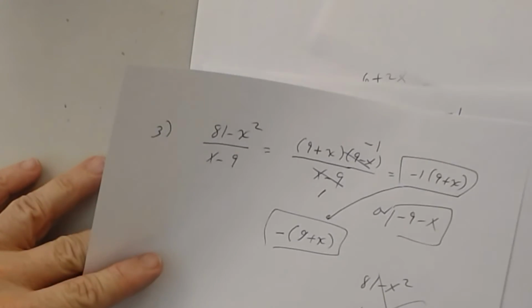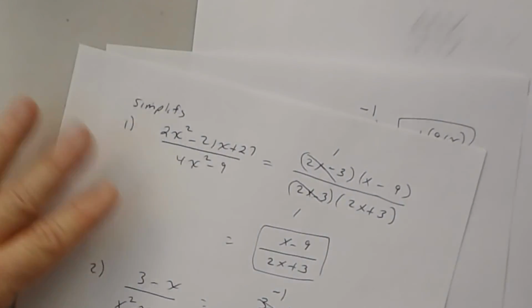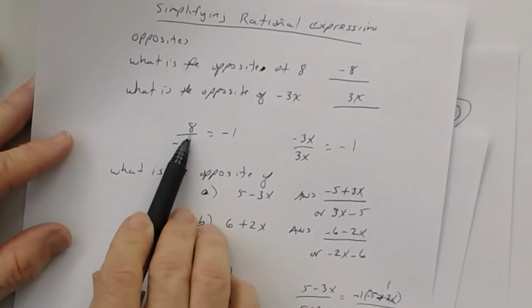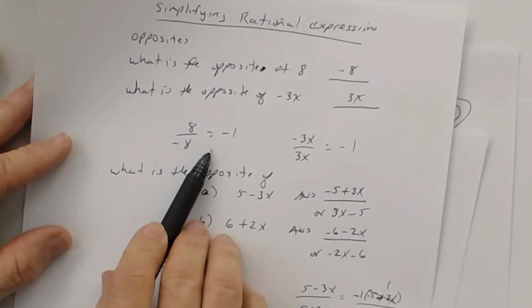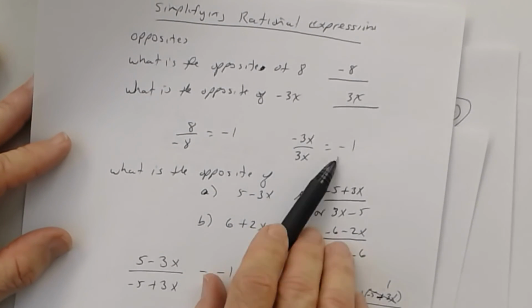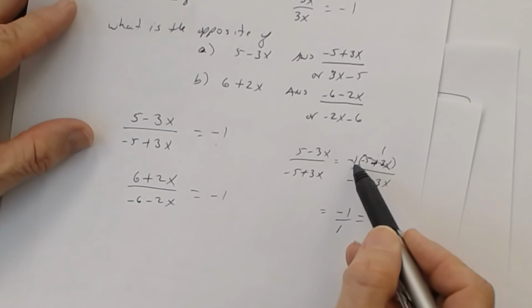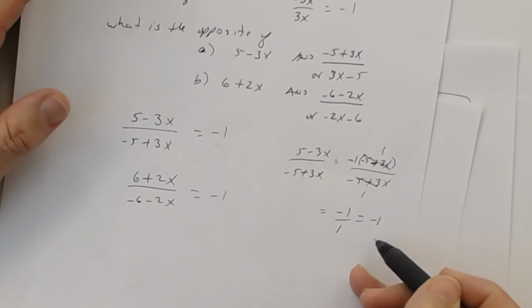In our discussion, I'm going to go back to the very beginning. 8 divided by negative 8, opposites, is what? Negative 1. Negative 3 divided by 3x is what? Negative 1. When we talked about taking out the negative 1, we took out a negative 1, we reduced these, and you're left with negative 1, right?